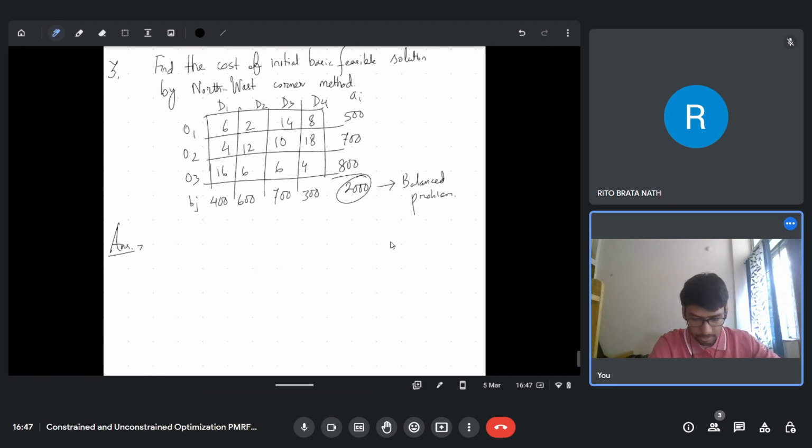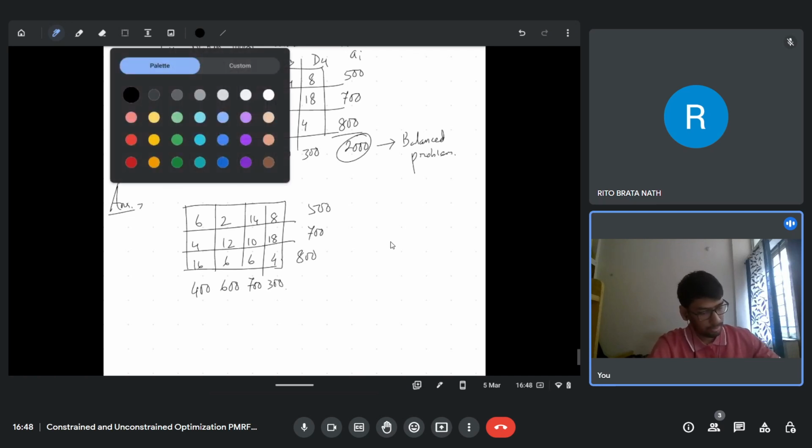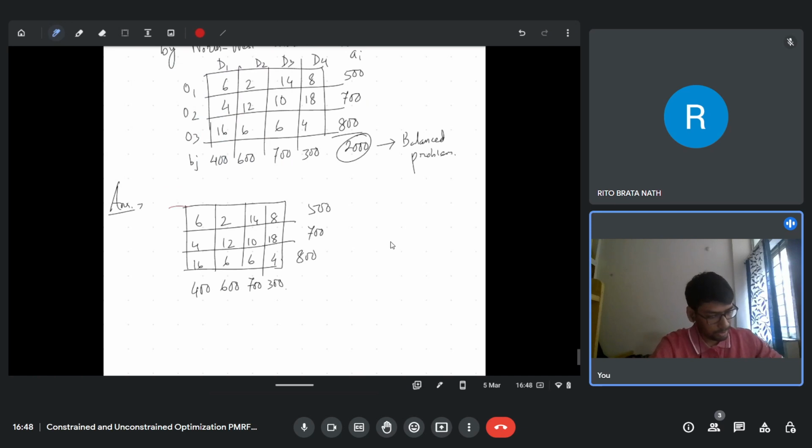Okay, so in this method, let's write down the costs first: 6, 2, 14, 8. So these are my costs. Now the northwest corner is this one, so you have to start from here.